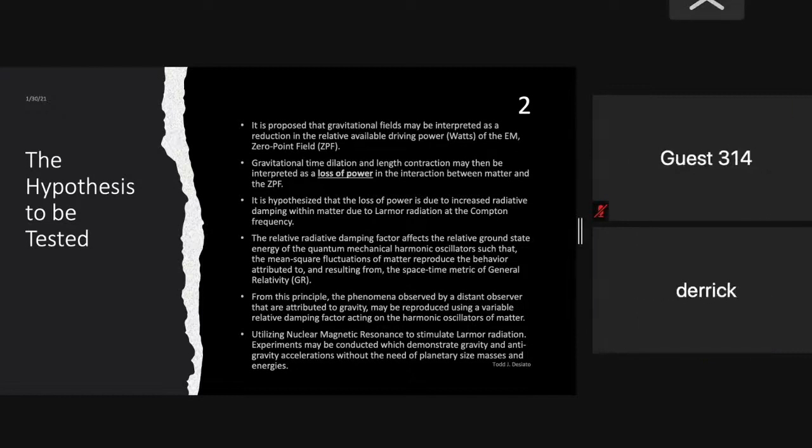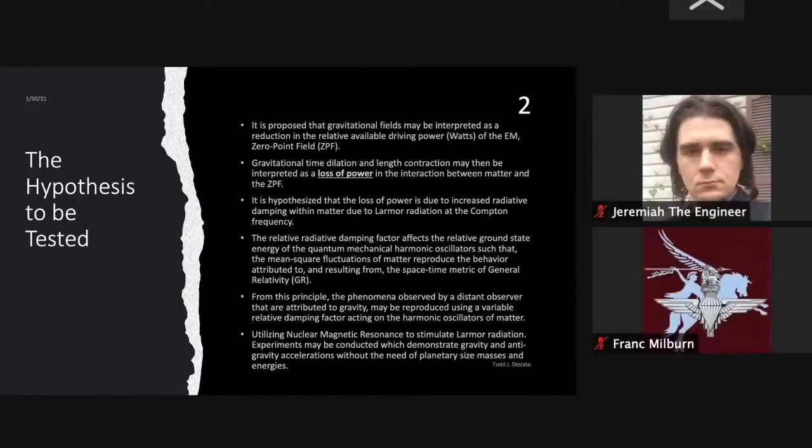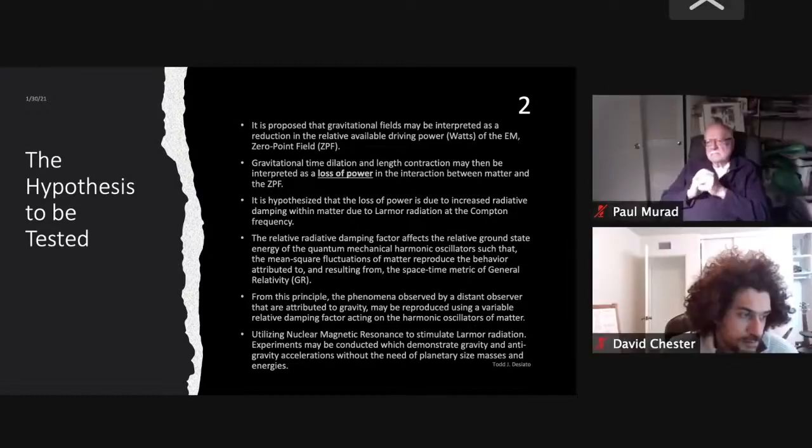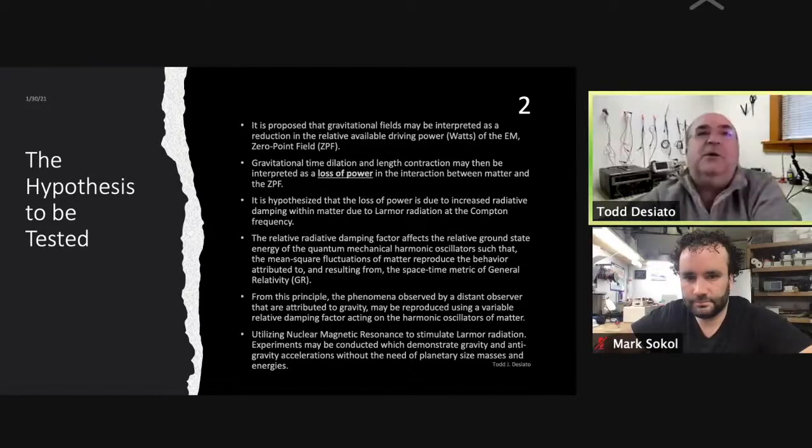The relative damping factor affects the relative ground state energy of the quantum mechanical harmonic oscillators such that the mean square fluctuations of matter reproduce the behavior attributed to and resulting from the space-time metric of general relativity.